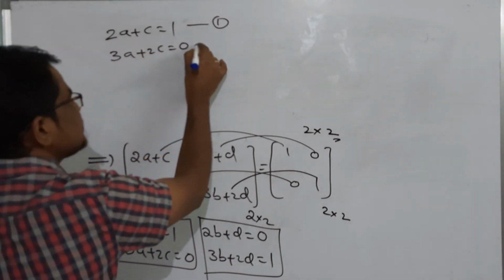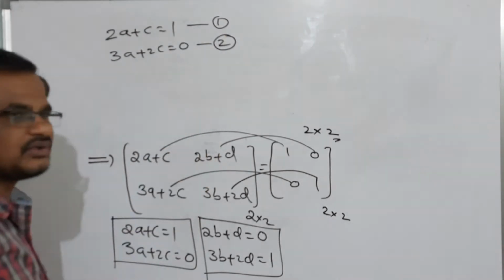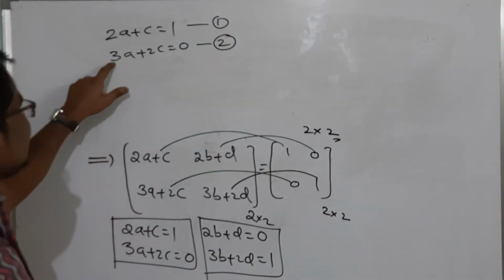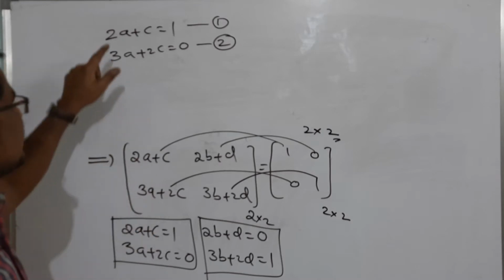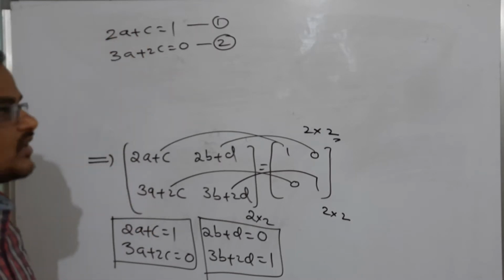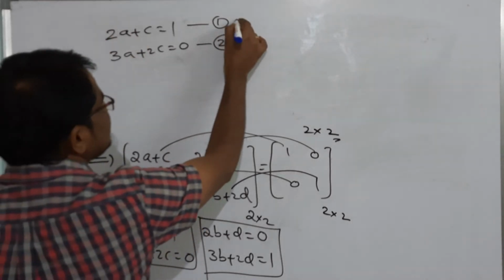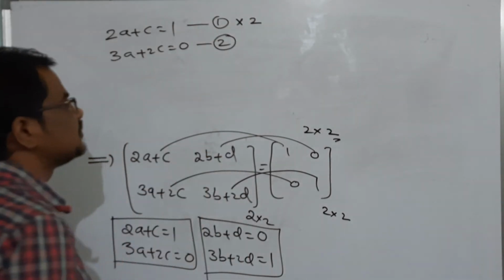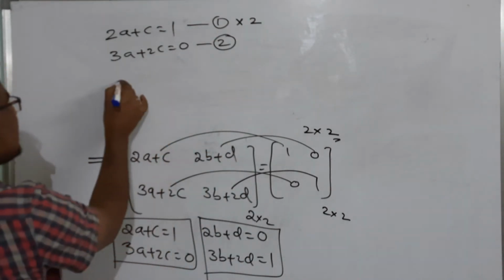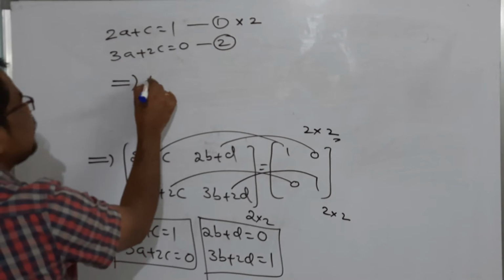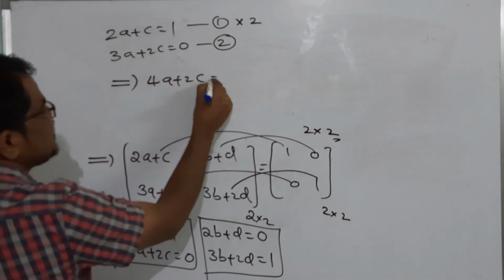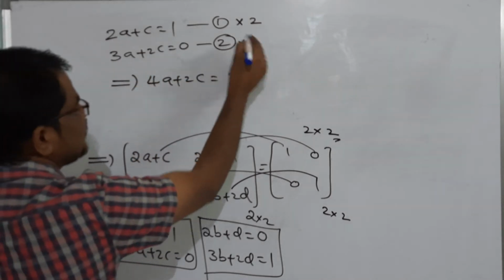Take this as equation 1 and this as equation 2. To get a, you have to eliminate c. So multiply equation 1 with 2. This becomes 4a plus 2c equals 2, and the second one into 1.